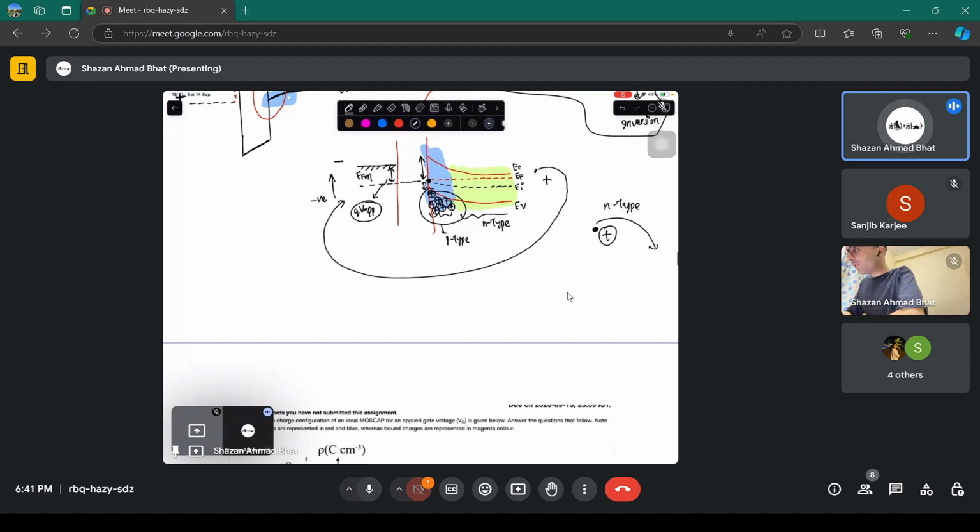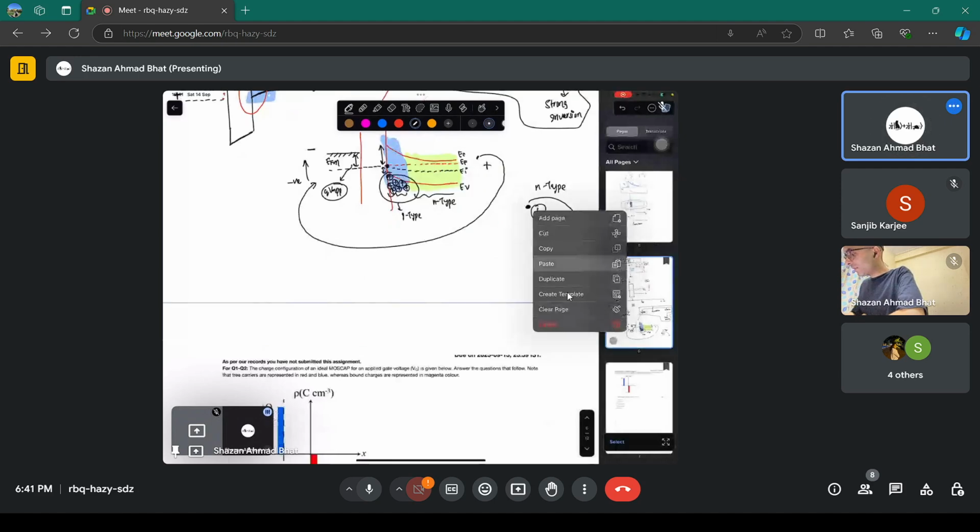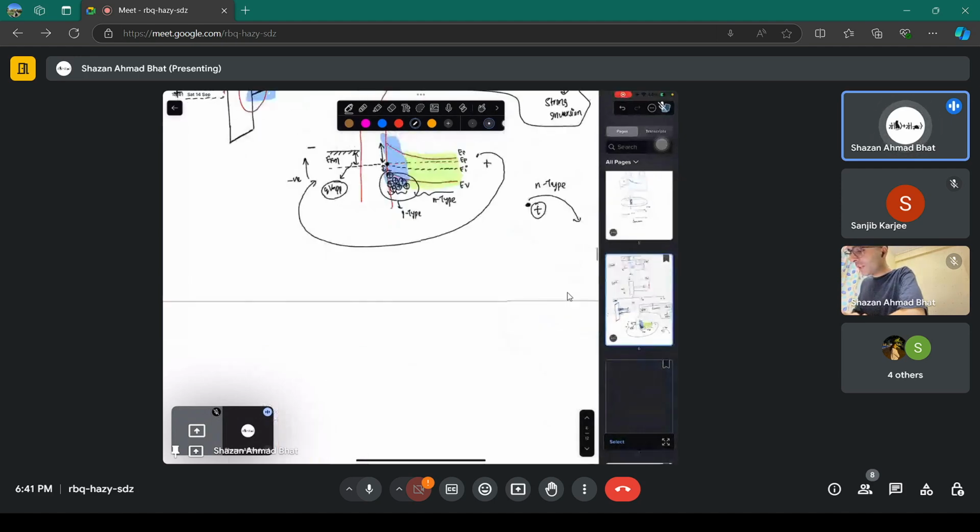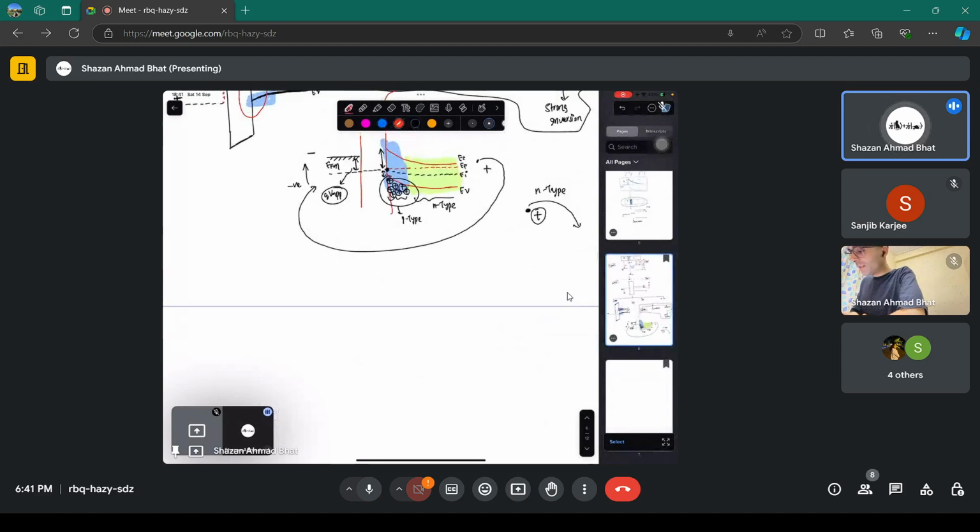So that's why when you show the space charge of this particular system, let's draw the space charge diagram. This particular axis is the charge per centimeter cube, and this particular is the x.